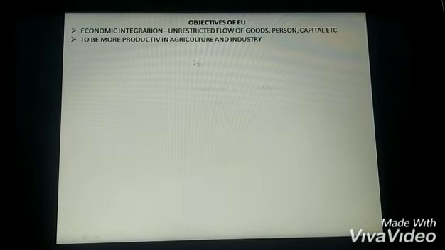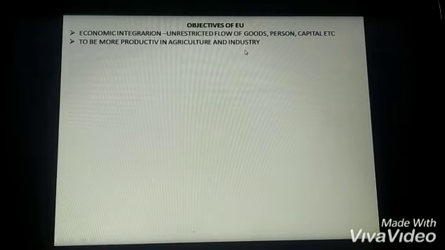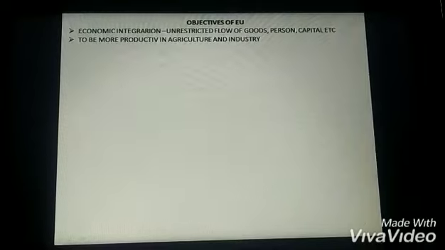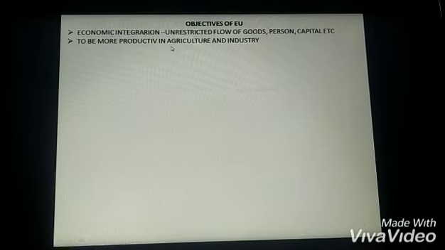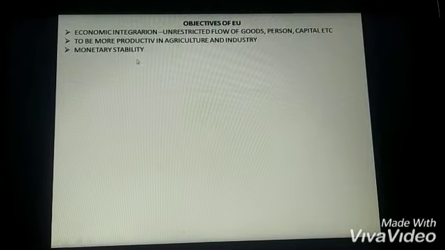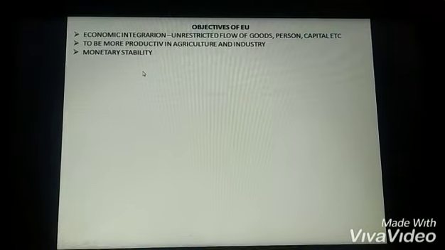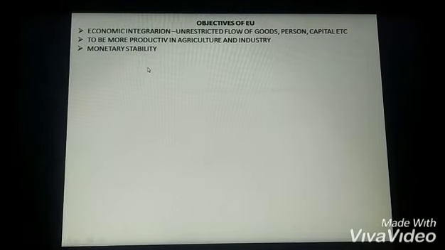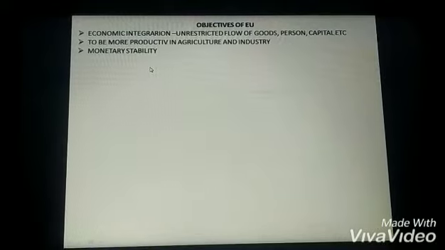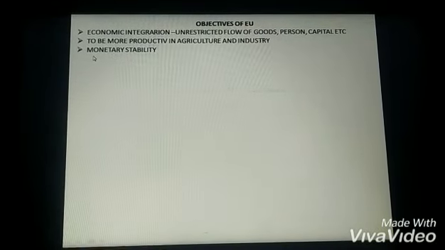The second one is to be more productive in agriculture and industry. They have a common goal to be more productive in agriculture and industries. They want to build monetary stability among the member states of this European Union. Monetary means economic or money matters.